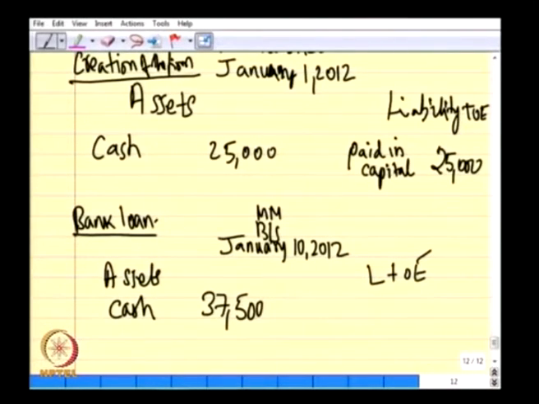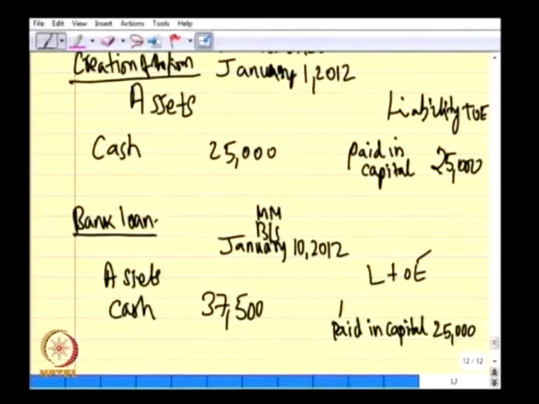Now, on this side liabilities plus owner's equity, what will be the corresponding entry? One thing that has not changed is my paid in capital, right. $25,000. Now, the fact that I owe the bank 12,500 has to be recorded as a liability. So, I say loans payable 12,500.